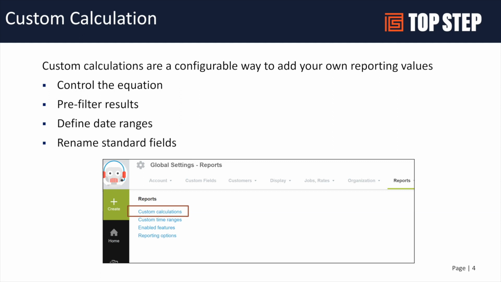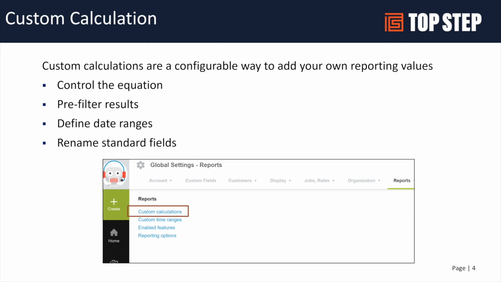You can also define date ranges within a calculation. Another question we've gotten: in a report, I want a sub-date value, for example charge projections only for this date, but I want a report start and end date beyond those dates. That's another use case for date ranges. And as I mentioned, you may just want to rename standard fields.